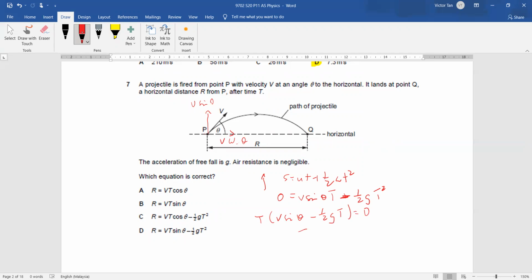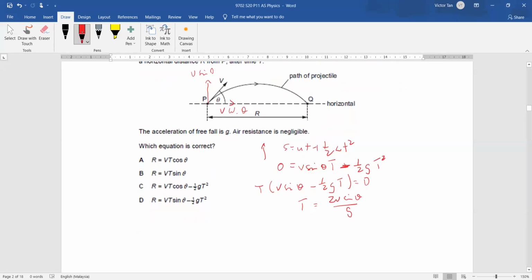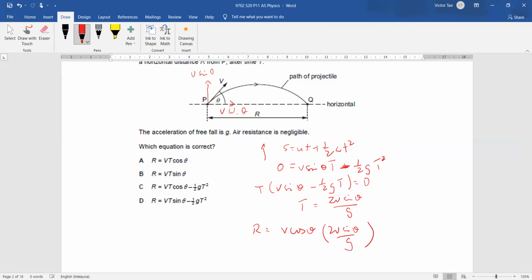So basically you take the second t, not t equals 0. T equals 2v sine theta over g. So this is the time taken. Distance is speed times time. So R equals speed, which is v cos theta, times the time, 2v sine theta over g.